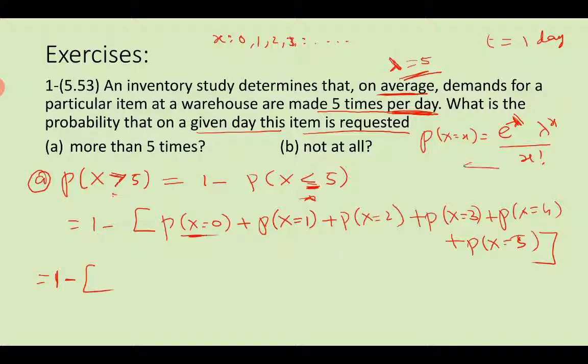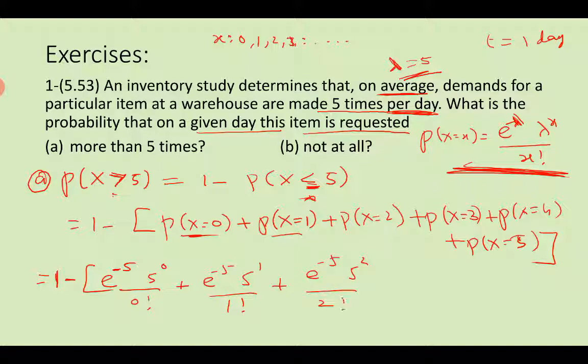1 minus, what is p of x equal to 0? Substitute x equal to 0 here: e raised to minus 5, 5 to the power 0 divided by 0 factorial, plus e raised to minus 5, which is common for all terms, 5 to the power 1 divided by 1 factorial for x equal to 1. For x equal to 2, e raised to minus 5, 5 square divided by 2 factorial.